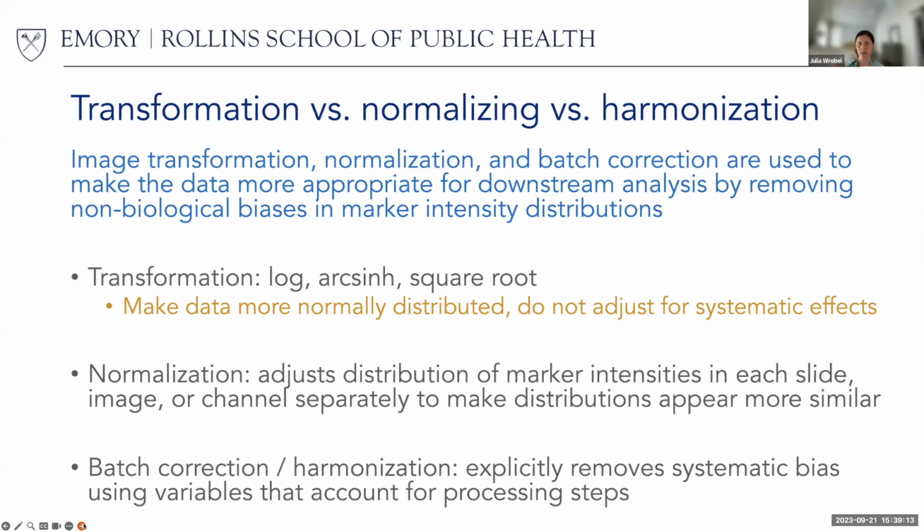Transformations are just things like log or square root transforms designed to make the intensity distributions look more normal, but they don't adjust for systematic effects. Normalization, I think of as adjusting the distribution of marker intensities within a slide to make distributions appear more similar across images. And batch correction or harmonization, I think of as explicitly removing bias across slides or across experiments. All in all, they're meant to do similar things, which is remove batch effects, so I'm going to refer to them interchangeably for this section.